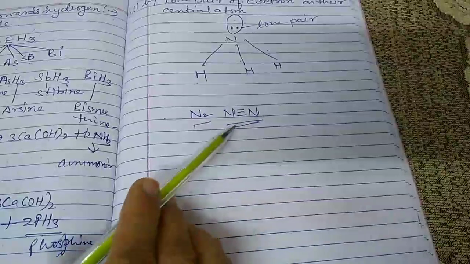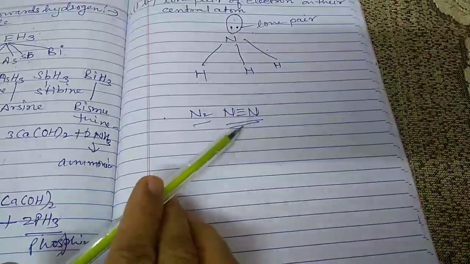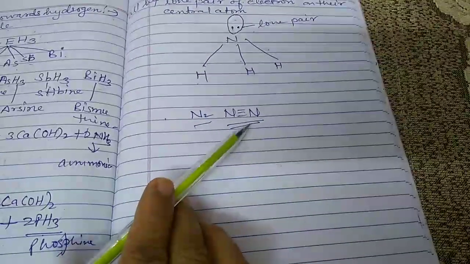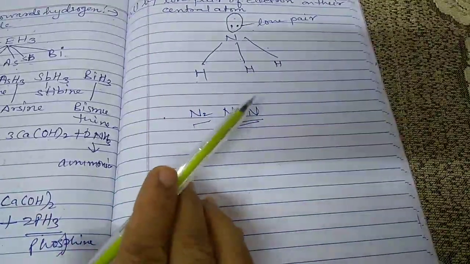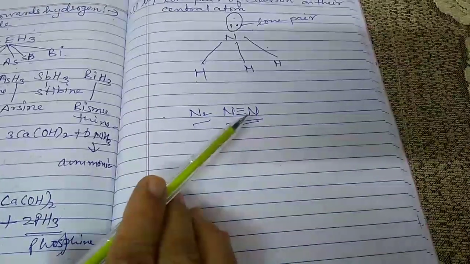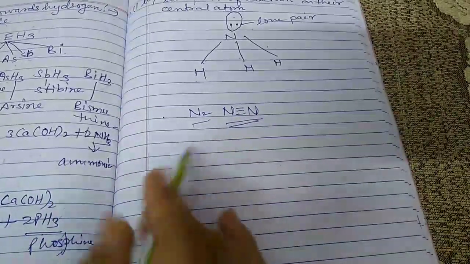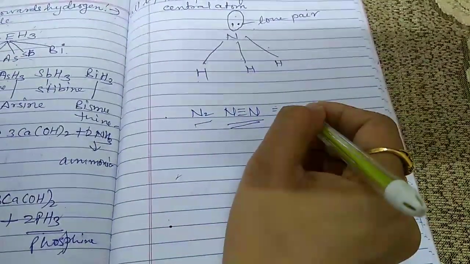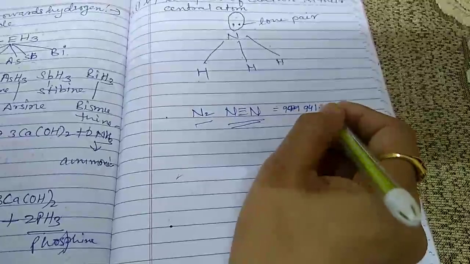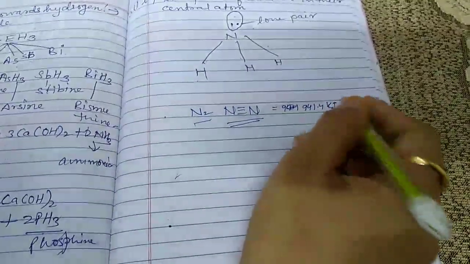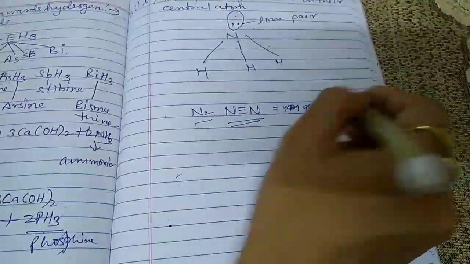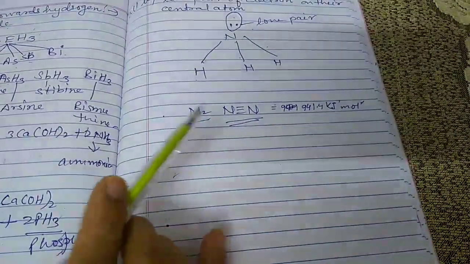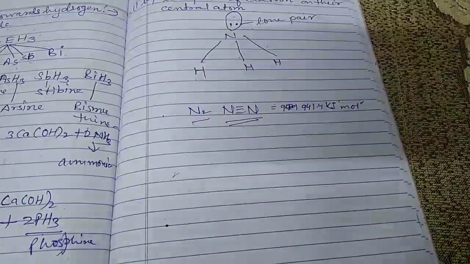Because of this triple bond, the nitrogen molecule is inert and has very low reactivity, and has a very high bond enthalpy, nearly 941.4 kilojoules per mole. This is the bond enthalpy, and it is very high.